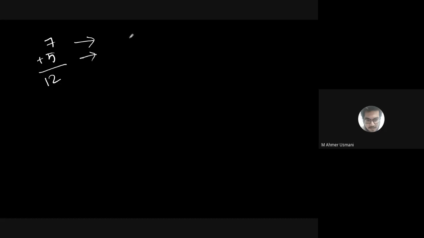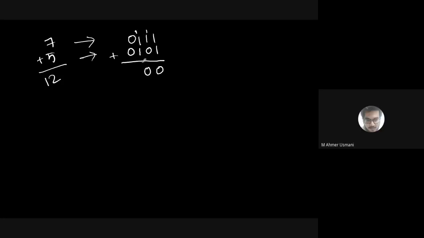So what is 7? 0 1 1 1. Good. What is 5? 0 1 0 1. What will you get as the output? Perform the addition of it. 1 plus 1 is 0 with 1 carry. Good. Now 1 plus 1 is again 0, carry 1. Now we have 1 plus 1 plus 1.